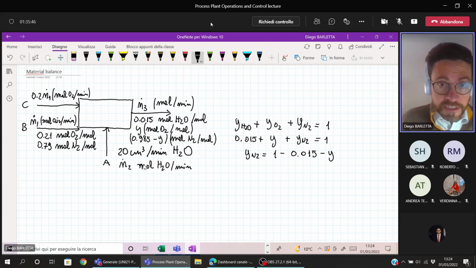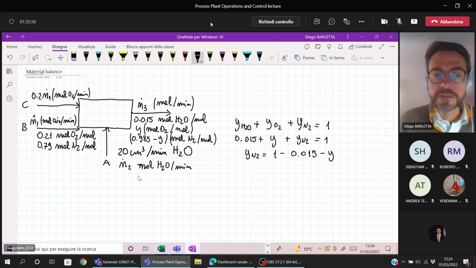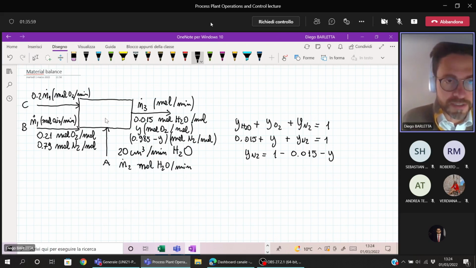So what is the subsequent step now? We have drawn the flow chart. We have reported all the input data as numbers, and we have reported as symbols all the process variables that are unknown.